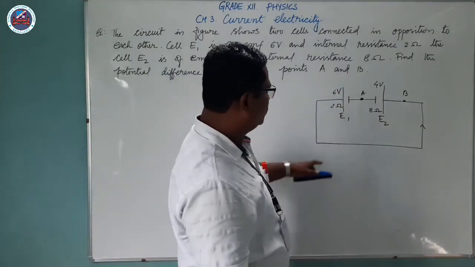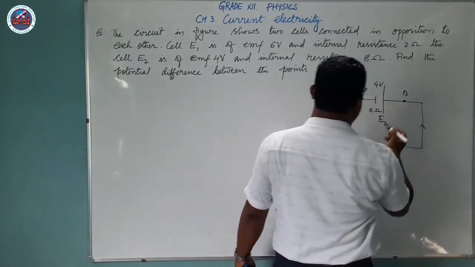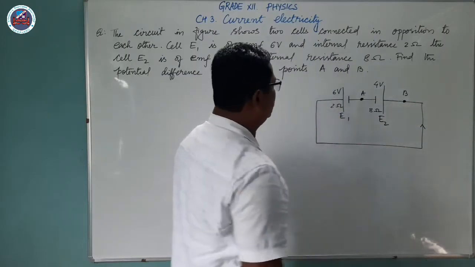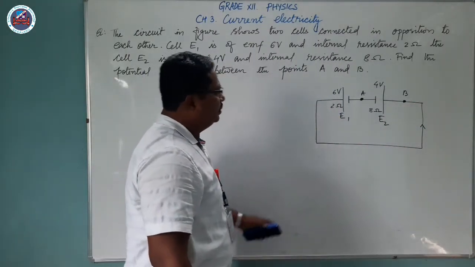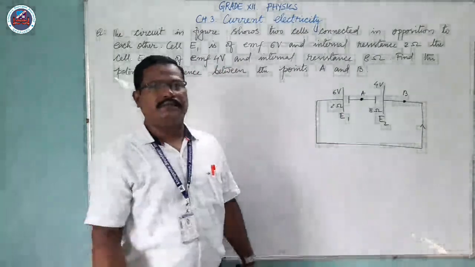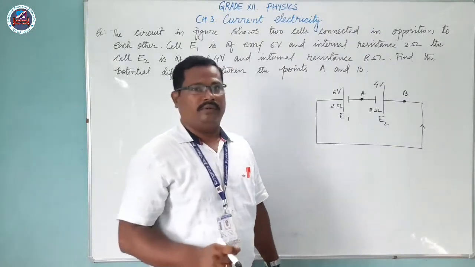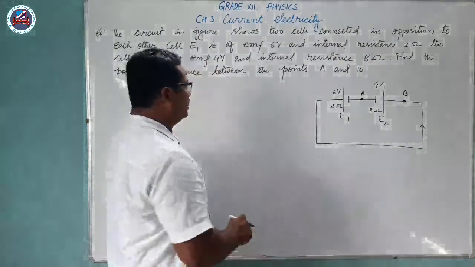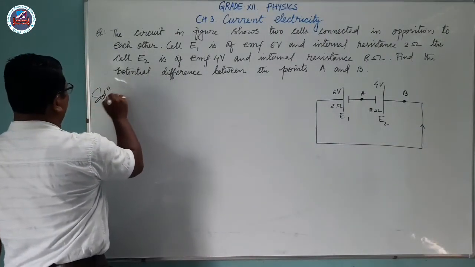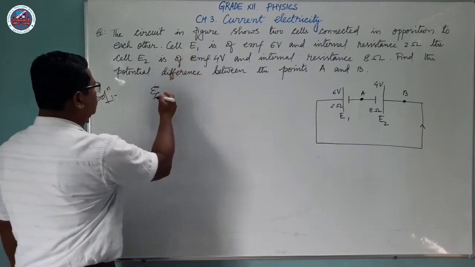Now to find out the potential difference between A and B, we have to know the total current, how much current is flowing. And to know the total current, we have to find out the effective resistance and the effective EMF of the cells. So let us first find out. Solution, you write like this. Epsilon 1, or it's written here E1, the same thing.